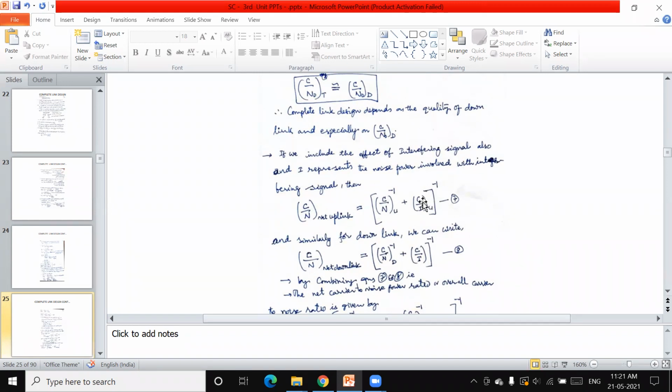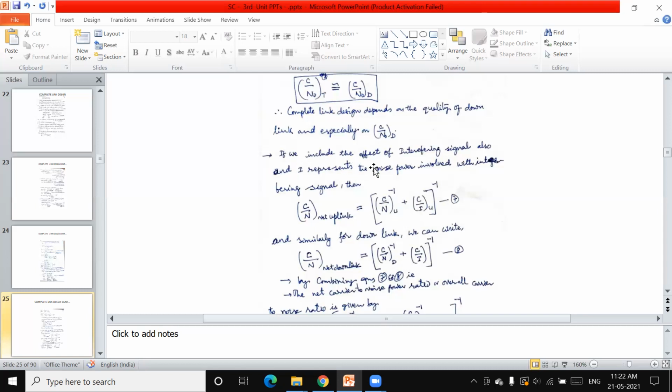Please keep the inverse here, it was missed. The carrier to noise power net uplink is equal to the carrier to noise power uplink inverse plus carrier to interfering signal inverse.